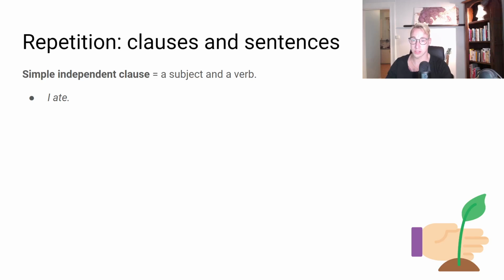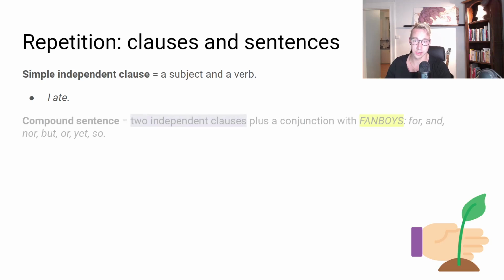So if someone asked you what you did yesterday, you could just answer them, well, I ate. And that is an independent clause. An independent clause means that it's standalone, it can survive on its own, it doesn't require any other information to be understandable. And this is then, in this case, a full sentence as well, because it gives you a complete idea of what you want to tell the listener.